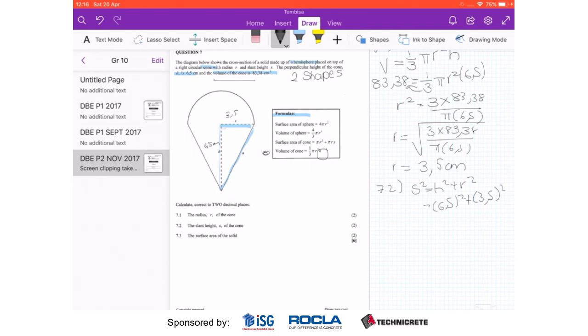It's very important that you got the right answer, otherwise you're going to get all the answers wrong in this question. So s is therefore equal to the root of this, 6.5 squared plus 3.5 squared. Let's put it into my calculator. And it is equal to 7.38 centimeters.